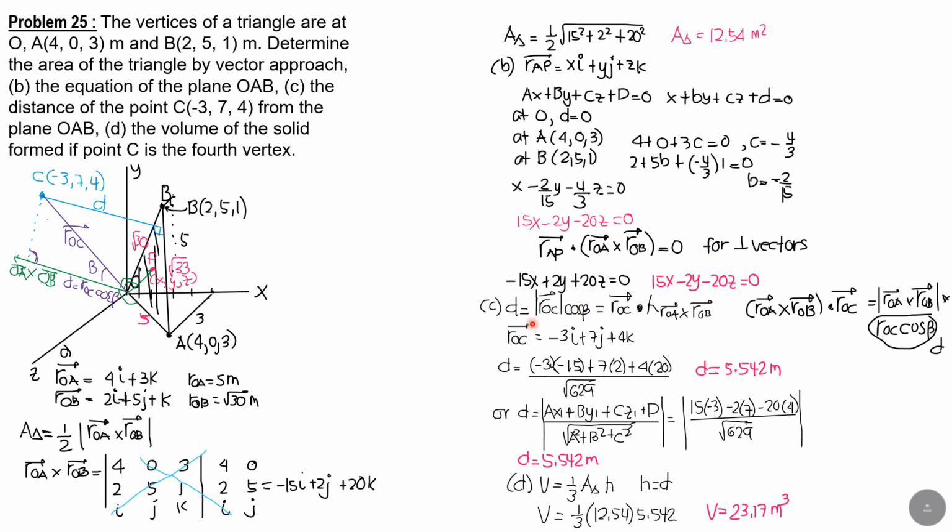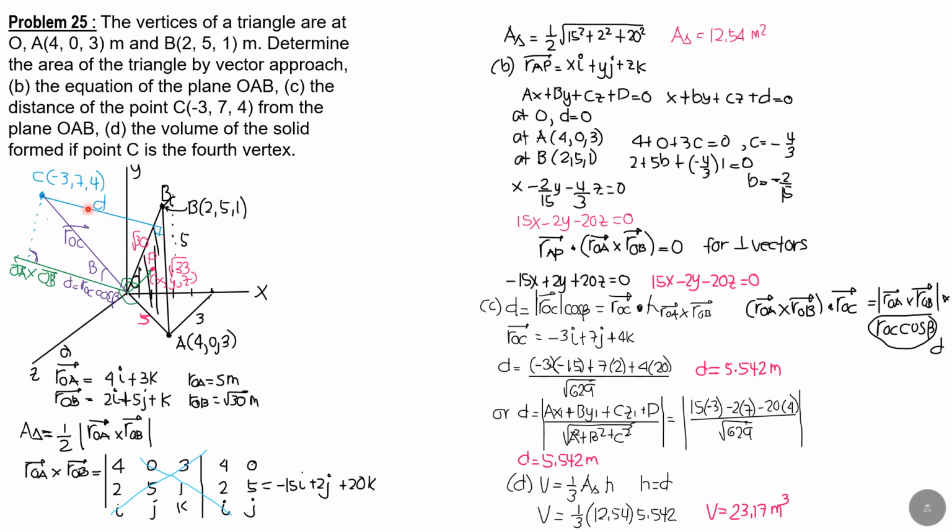Then letter C, the distance of the point C, which is here, (negative 3, 7, 4), from the plane OAB. So distance from a point to a plane. There's a direct formula for that, but I first consider it as the component of ROC in the direction here, which is this perpendicular distance.